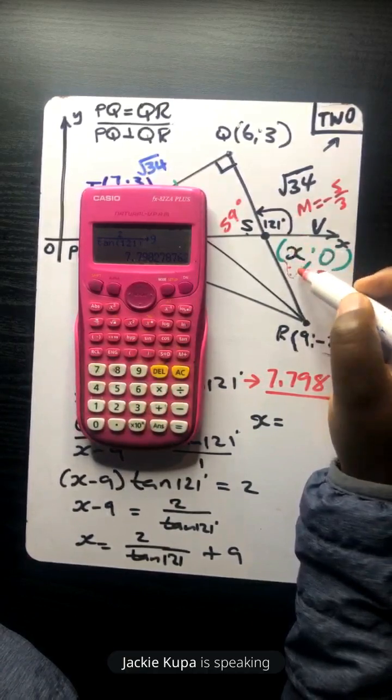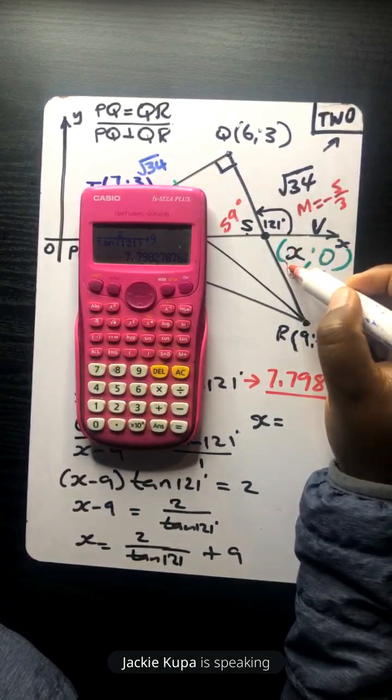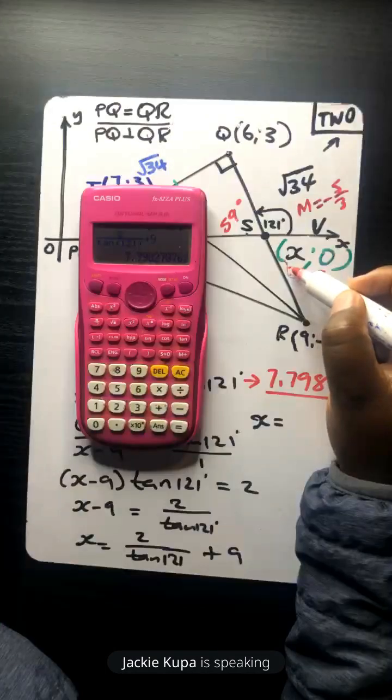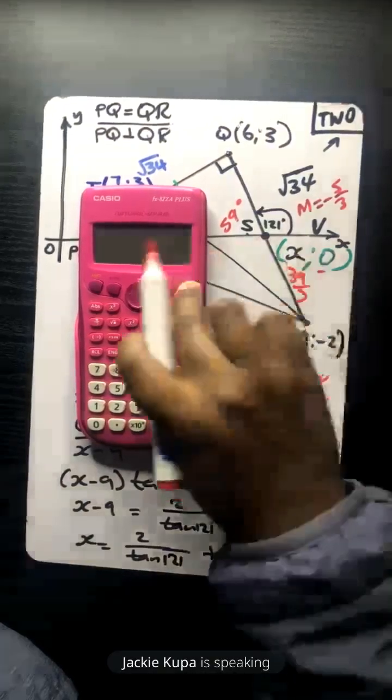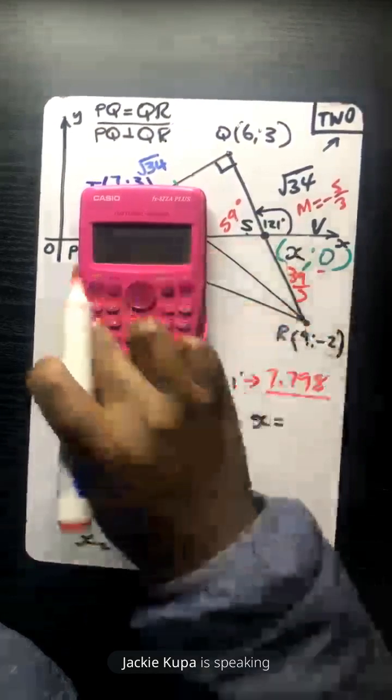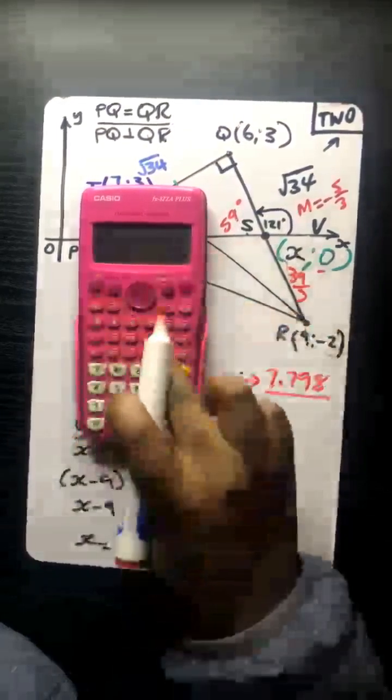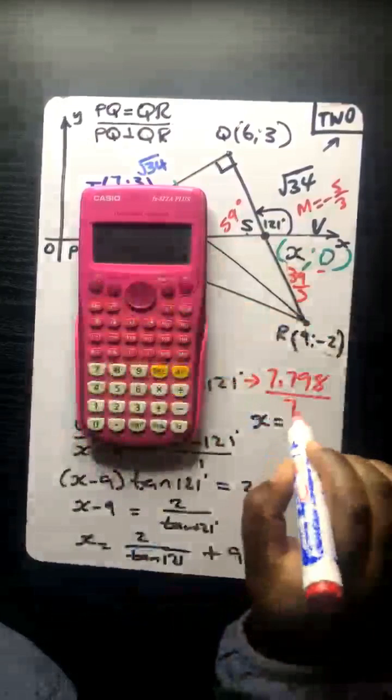Oh, as a fraction. I think it was 39 over 5. Yes.